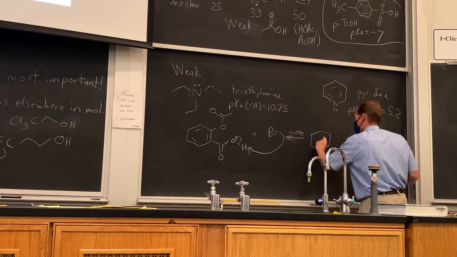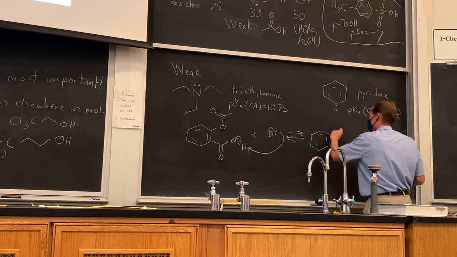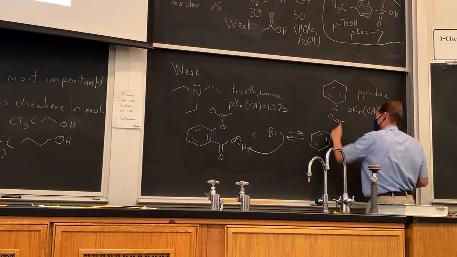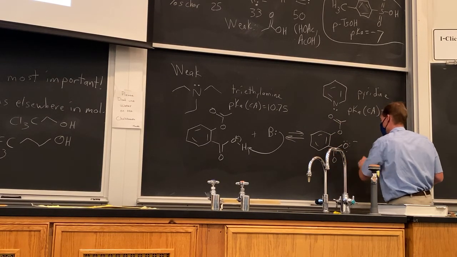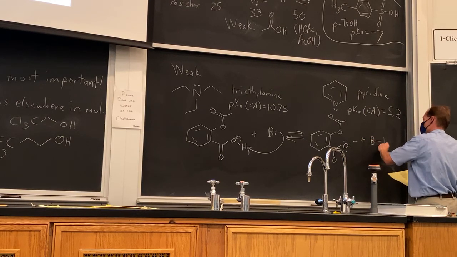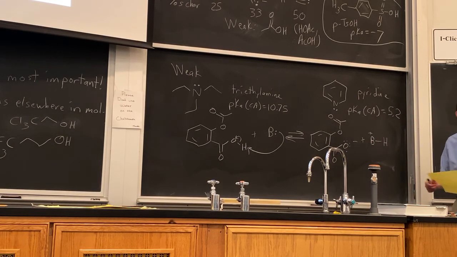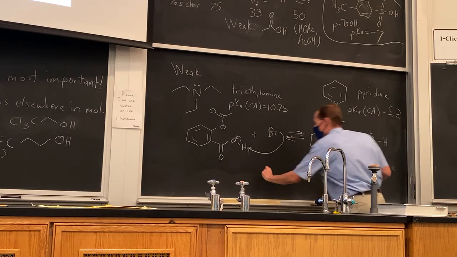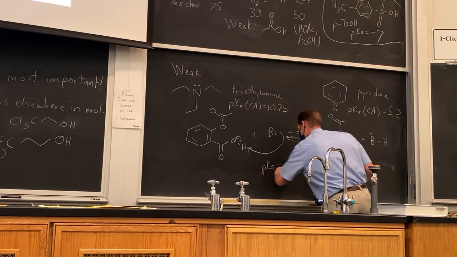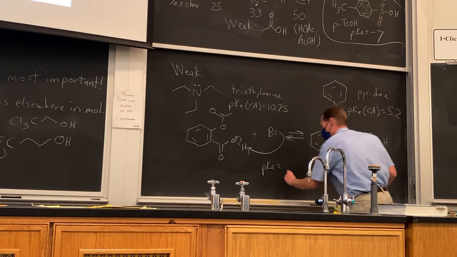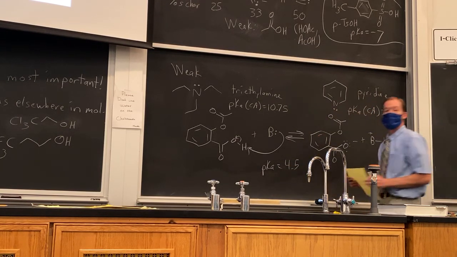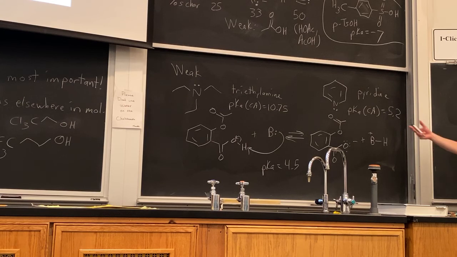And then we're going to generate our conjugate base of aspirin and the conjugate acid of whatever base we used. The pKa of aspirin is 4.5, I believe. Yep, 4.5. Very similar to that of acetic acid, and you ought to be able to figure out why that is the case.